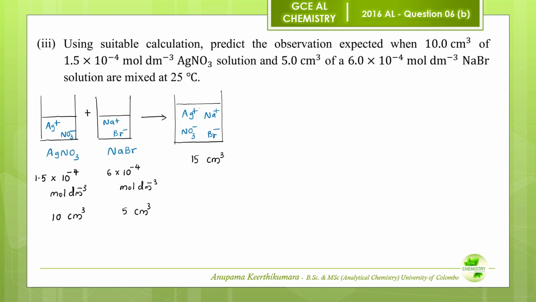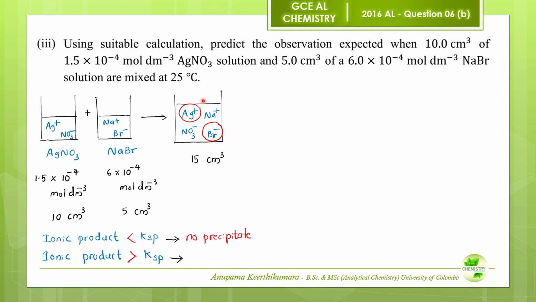mixture. When silver ions are present with bromide ions in a given mixture, there's a possibility of forming the silver bromide precipitate. If the ionic product of Ag+ and Br- ions in the final mixture is less than Ksp, this solution is unsaturated and no AgBr precipitate will be formed.